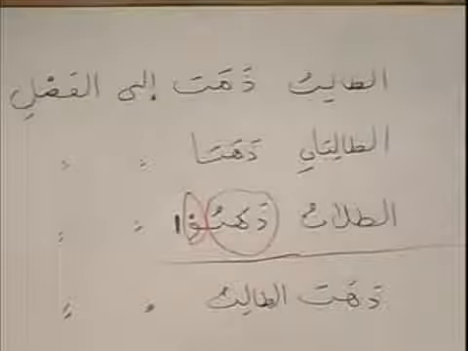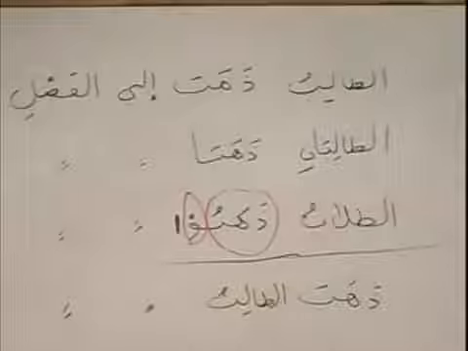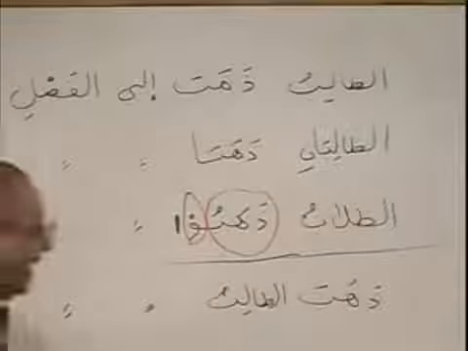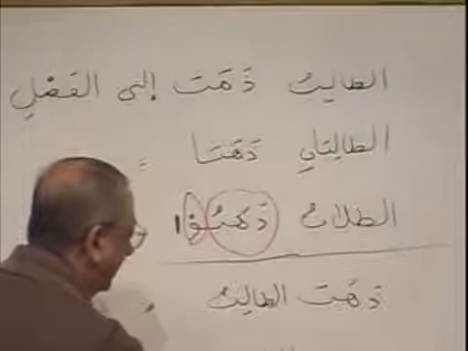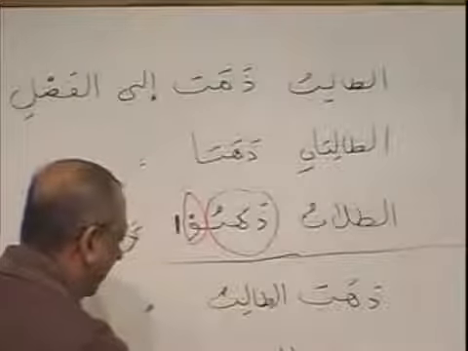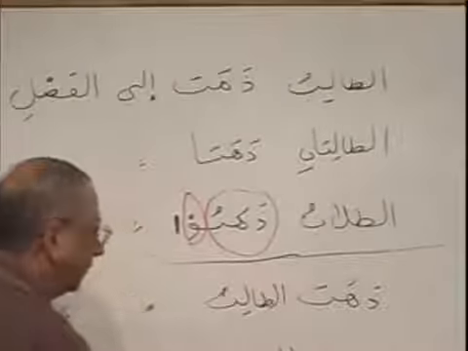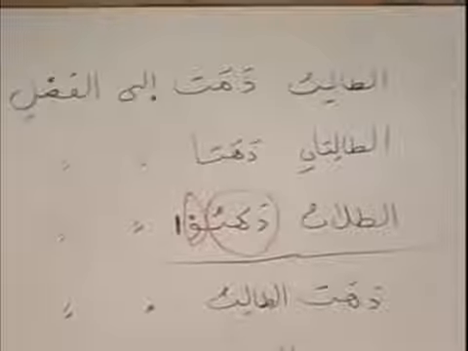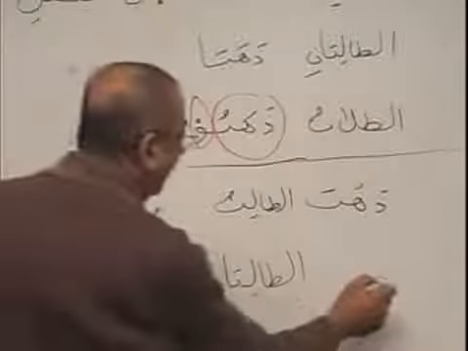Where is the verb? Where is the fa'il? Talibu. Now I have to say here talibani. Two students are going. Now what kind of verb do I use? Shall I say zahaba? Because there are two students? No, I will still say zahaba.